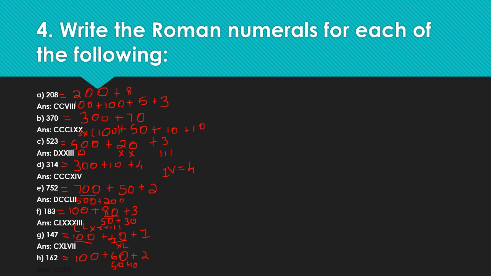Now you have the symbol for 50 and 10. So how will you write it in Roman numerals now? 100 is C, then 50 is L, then X is 10, then 2 is II.